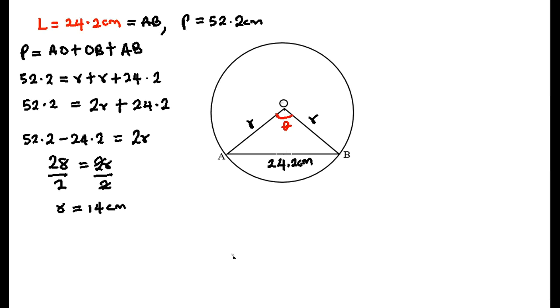If you were in the SS2 class or class 11, I would have said that we should use the cosine rule. Since we now know our sides completely, we could still use the cosine rule to get this theta. But since this is a chord, we can easily get this using the formula for the length of a chord.